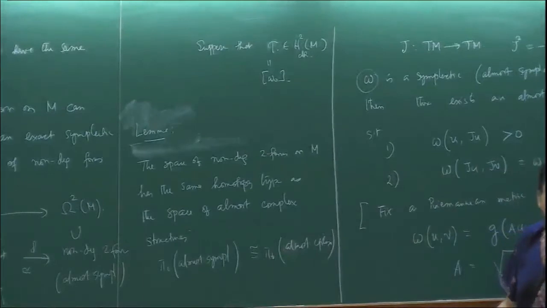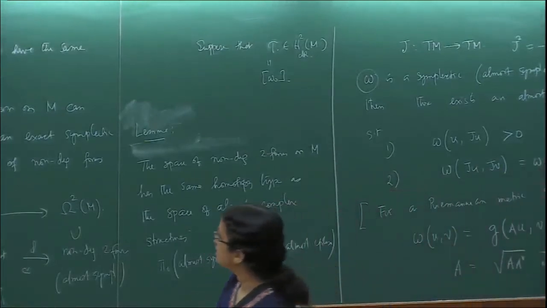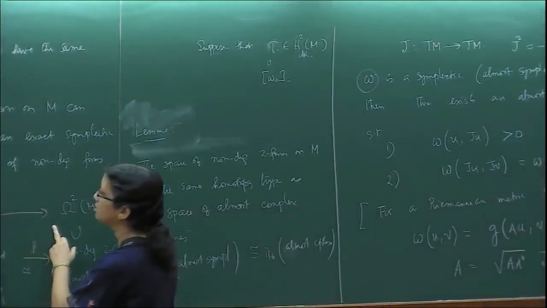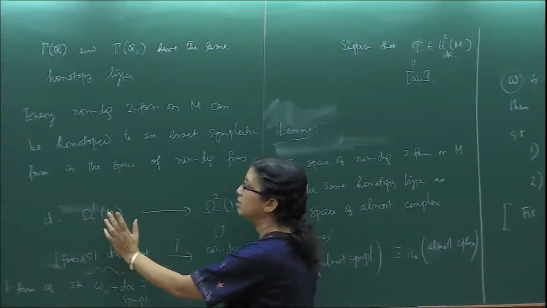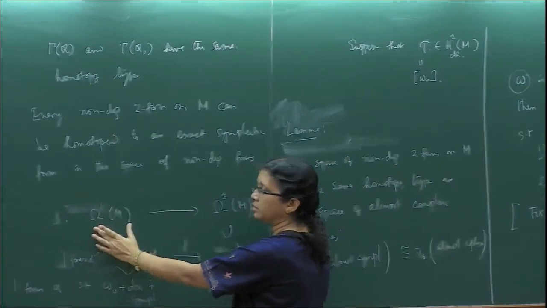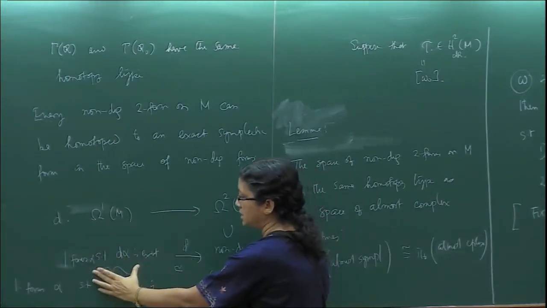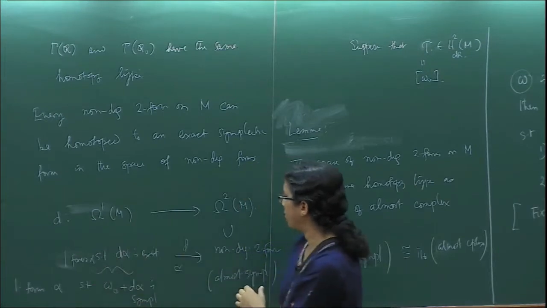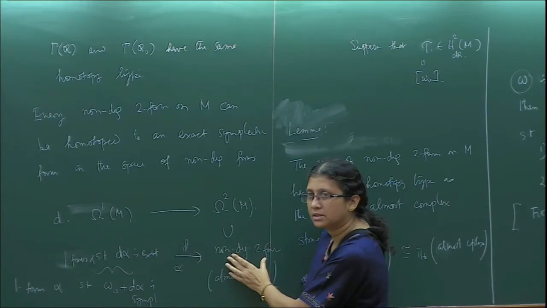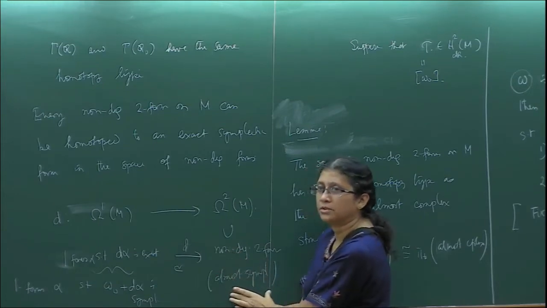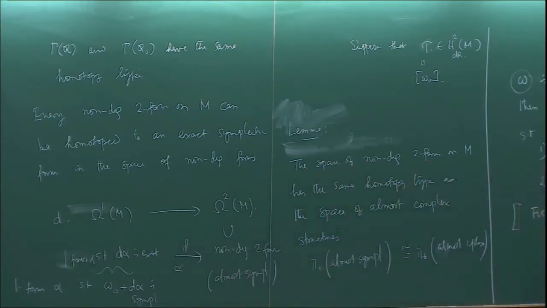So at least at the pi 0 level, I have only said that D is a bijection between the connected components of these forms, that means the exact symplectic forms, and the connected components of non-degenerate two forms, that means the almost symplectic forms. Now we have shown that pi 0 of the almost symplectic forms is the same as pi 0 of the almost complex structures.